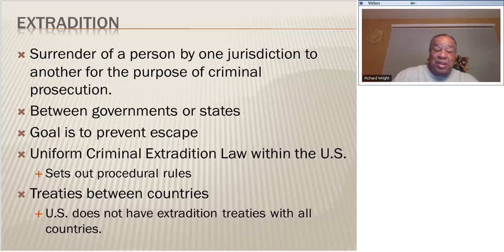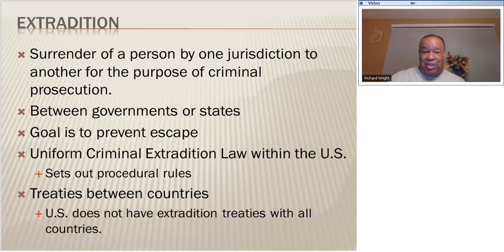Now, there are some countries that persons go to, and if the crime they committed subjects them to the possibility of the death penalty, they will not allow extradition, and that person is kept there.